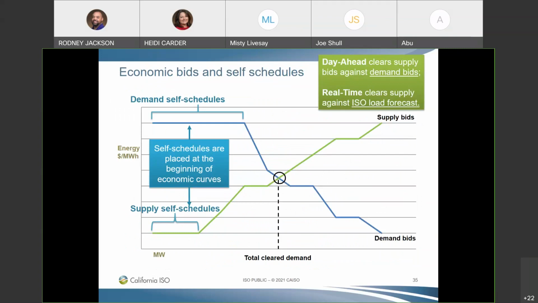When this price is being determined, it's looking at the totality of all of the resources in the market that are being bid in, the supply and the demand. So anything that's a self-schedule is going to be zero value. It means you're a price taker. You're going to take whatever price there is. Therefore, that's why they're placed at the beginning of the economic curve.